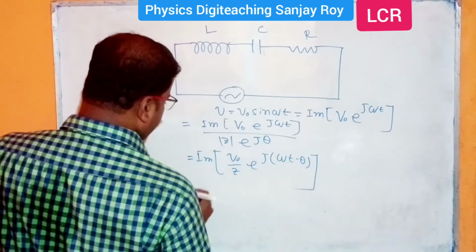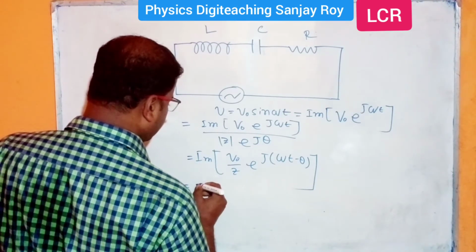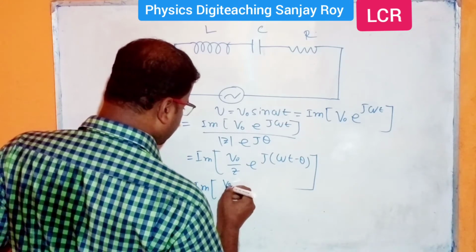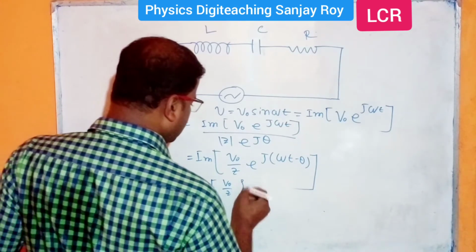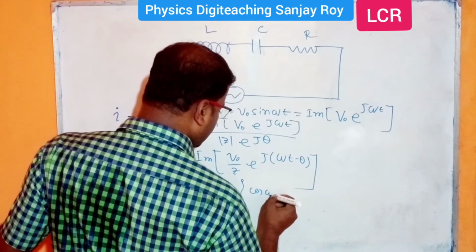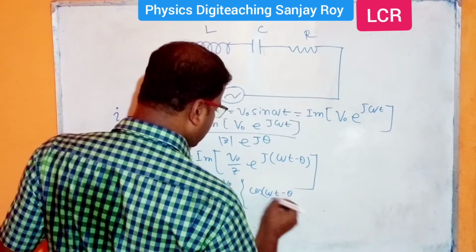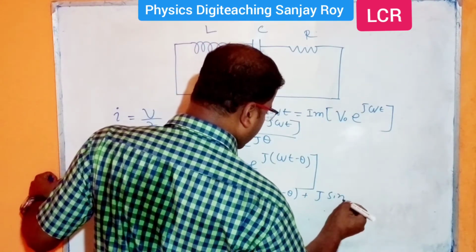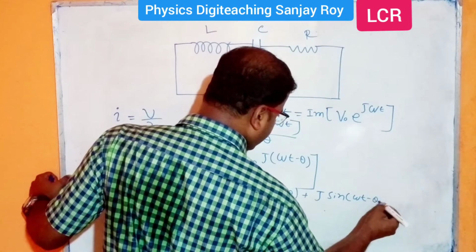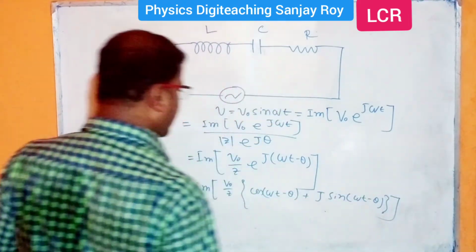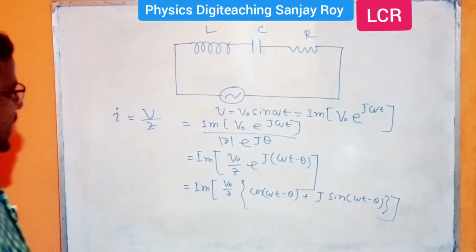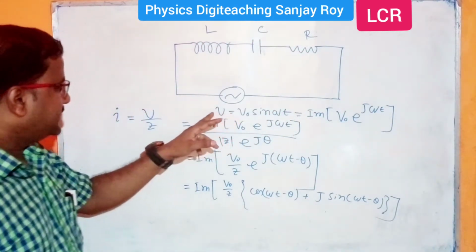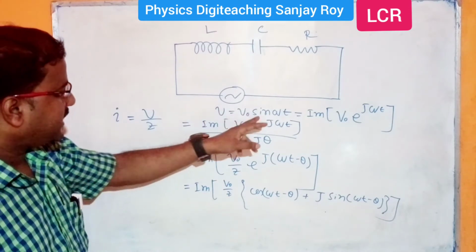Now if we expand this, we get V0 by mod Z, cos omega t minus theta plus j sin omega t minus theta. But in our circuit, we apply the AC voltage V equal to V0 sin omega t.